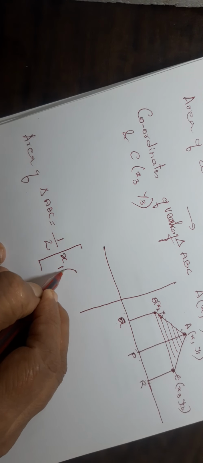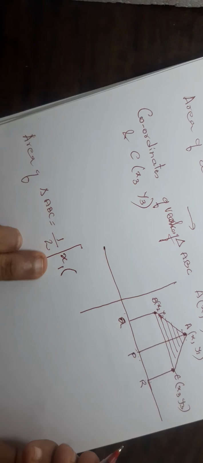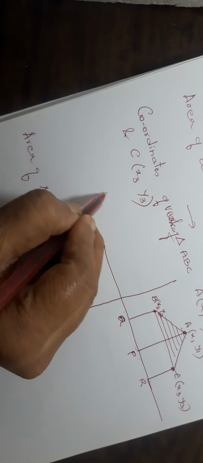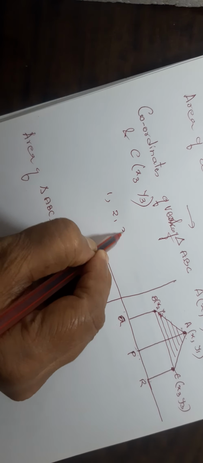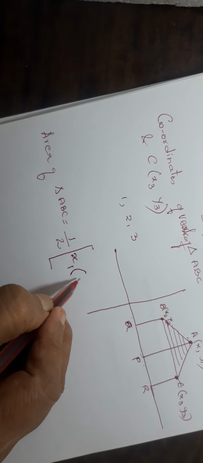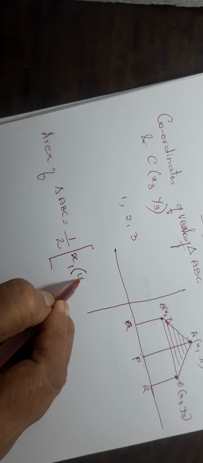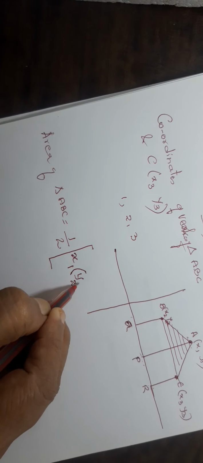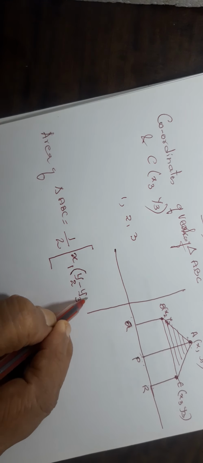I'll give you a hint on how it has to be done. I'll write 1, 2, 3 so that it comes in cyclic order. Now x1, and y will come here, y2 minus y3.